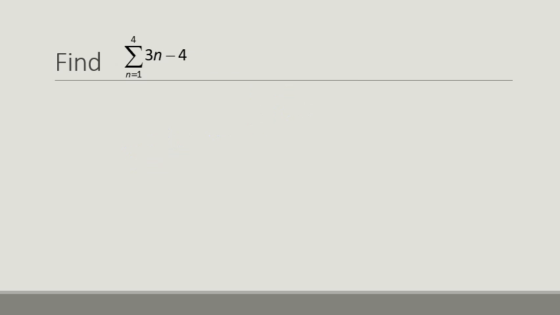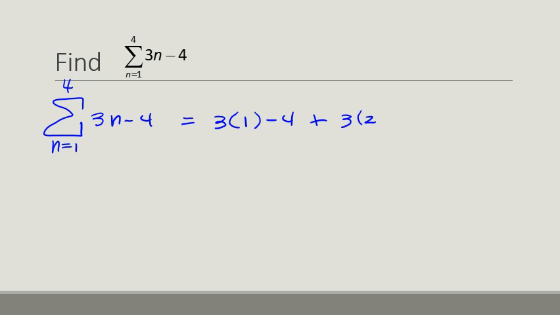So if I'm going to evaluate this rule, I'm going to start with 1. We say the sum of 3n minus 4 from 1 to 4 is 3 times 1 minus 4 plus 3 times 2 minus 4 plus 3 times 3 minus 4, and then plus 3 times 4 minus 4. And I stop because I'm going out 4 terms.